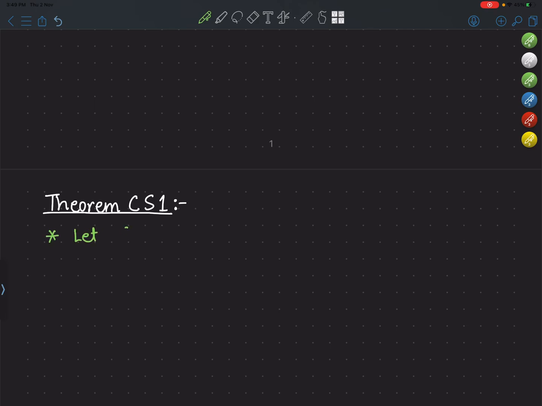Let S be a subset of R^n, and let it be a non-empty and closed convex set.